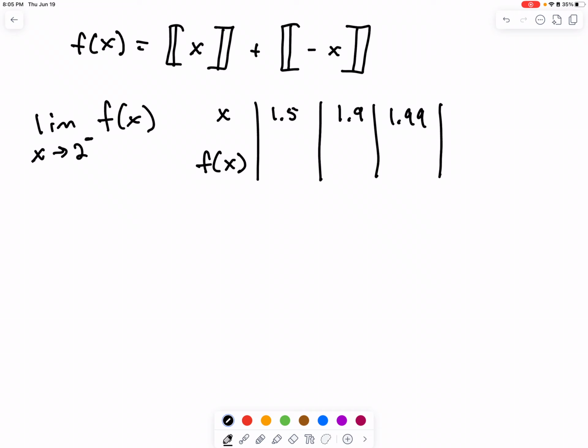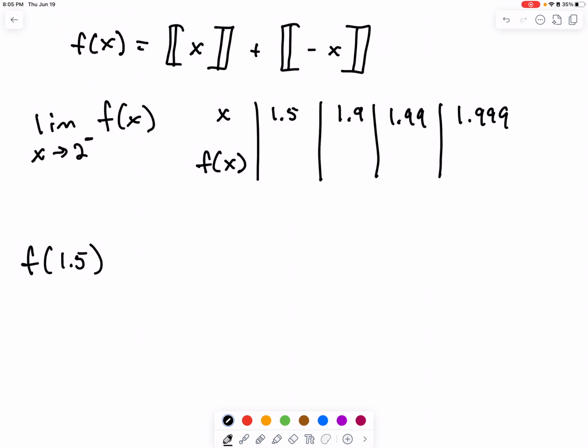Notice these x values are getting closer and closer to 2. If we were going to do this in the calculator, we would use what's called a floor function, but I'm just going to do this one manually. So let's first consider f of 1.5.